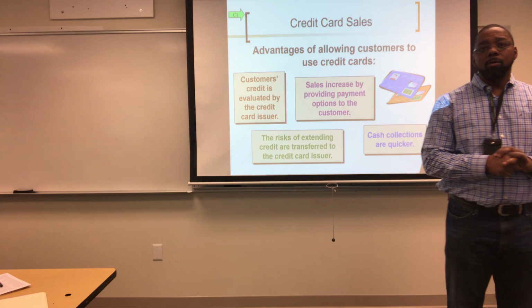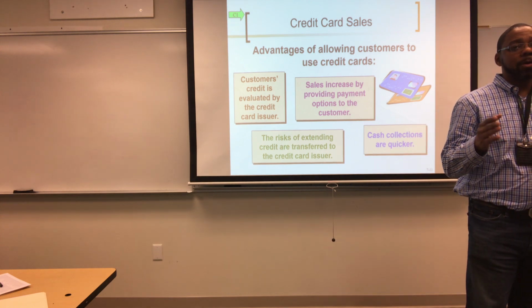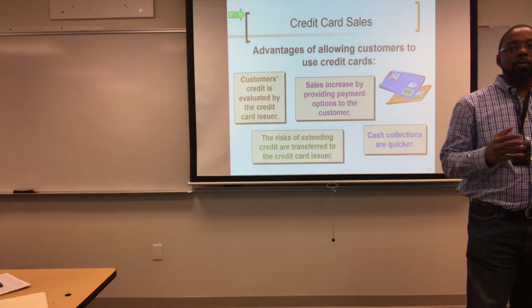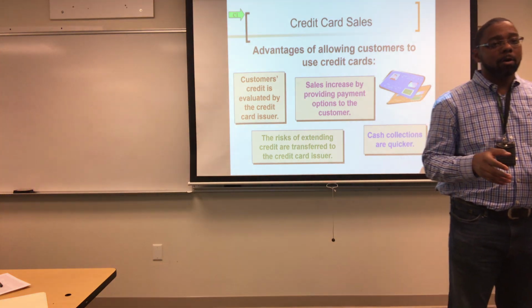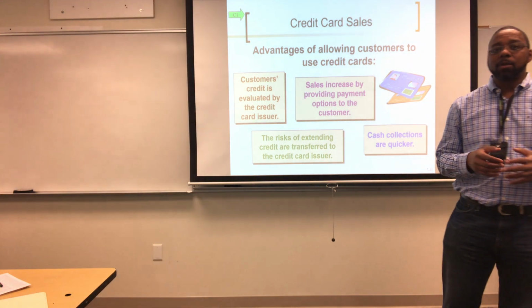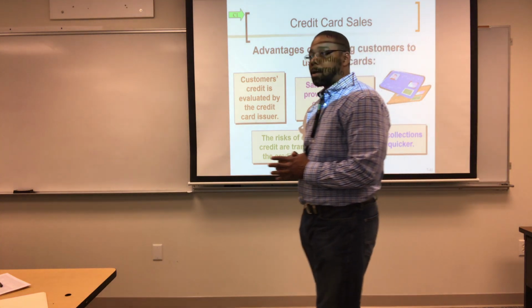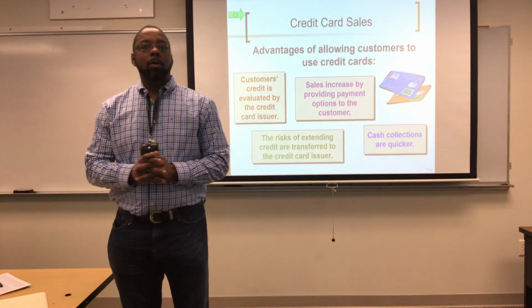The loan or the line of credit that you're getting, let's say for instance you have a Kohl's card. Kohl's is not extending you a line of credit if you have a Kohl's credit card. There's normally a financial institution behind it that is extending this line of credit, namely someone like Wells Fargo.